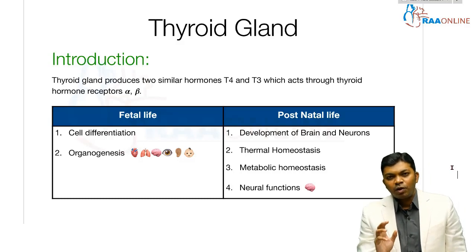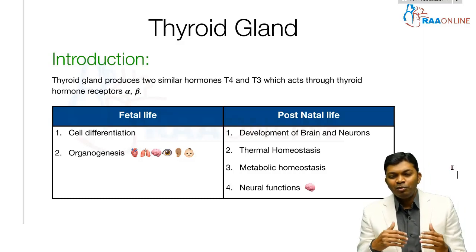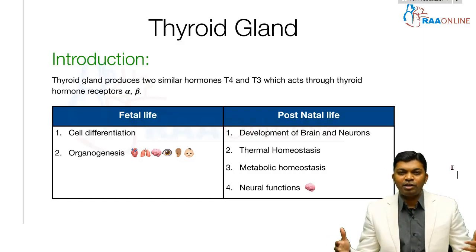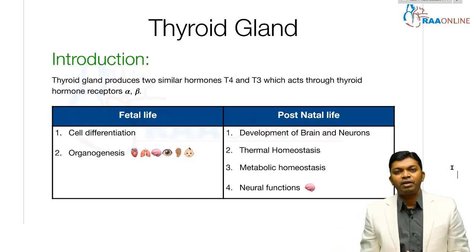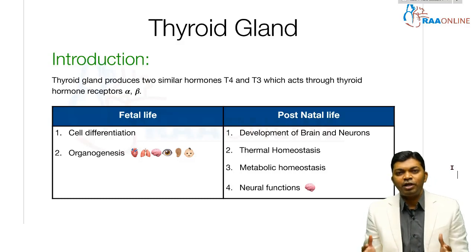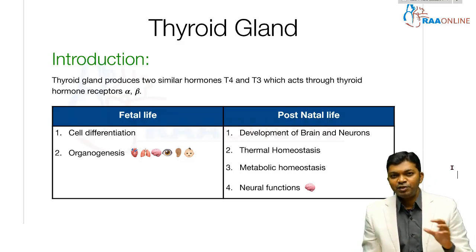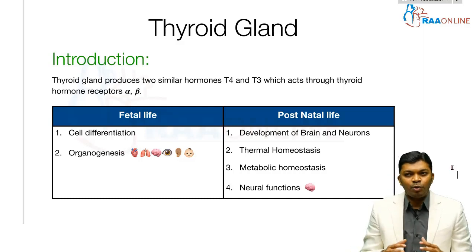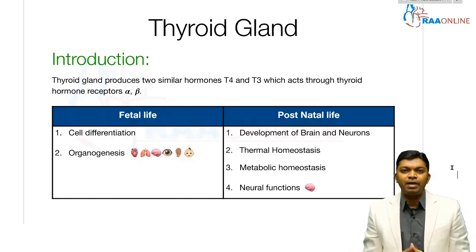Now what does this hormone do? The hormone acts on two different levels of human body. Number one, in fetal life. Number two, in postnatal life. When it comes to fetal life, the thyroid hormone is extremely important in cell differentiation. I hope you guys are familiar with the basics of embryology and how tissues develop out of an embryo and how human body grows, right?